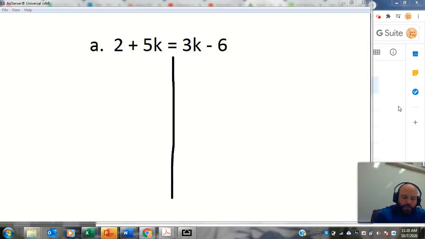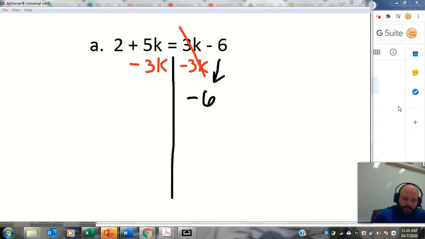In order to move things to the left or to the right of that wall, you have to add or subtract. So I'm going to subtract 3k here, and I'm going to subtract 3k here. What ends up happening is I have 3k minus 3k, which is 0. On the right-hand side, I'm only left with negative 6.